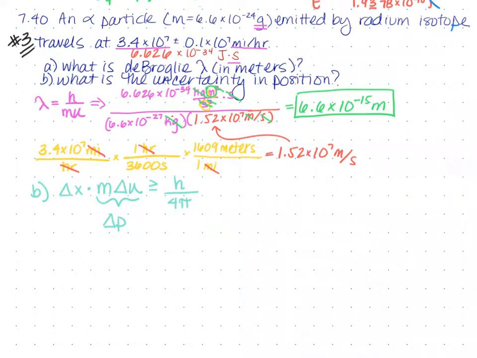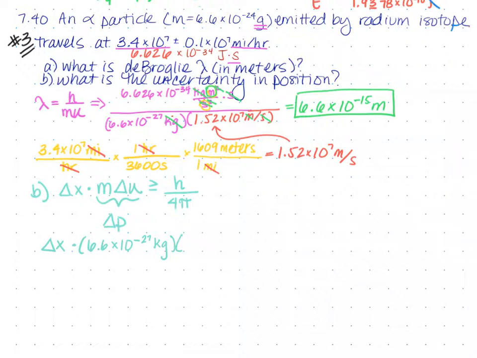So that is essentially what your uncertainty in speed is. In order to calculate delta x, I have to plug in all these other values, which is my mass. So I'm going to do 6.6 times 10 to the negative 27 kilograms, keeping it in kilograms, times the uncertainty in speed.